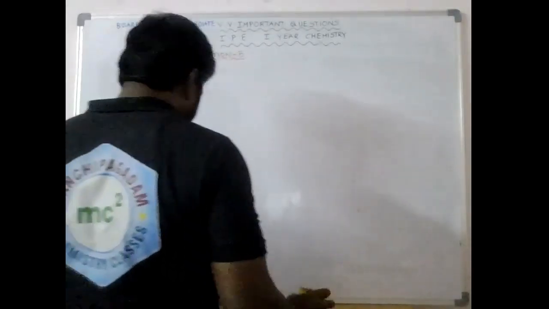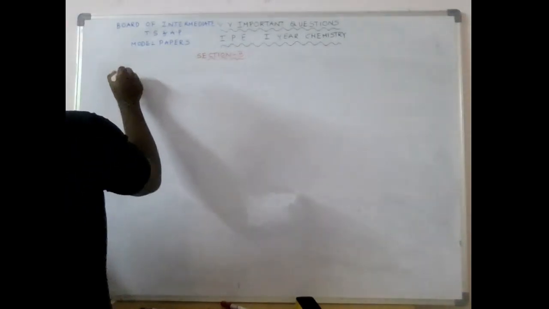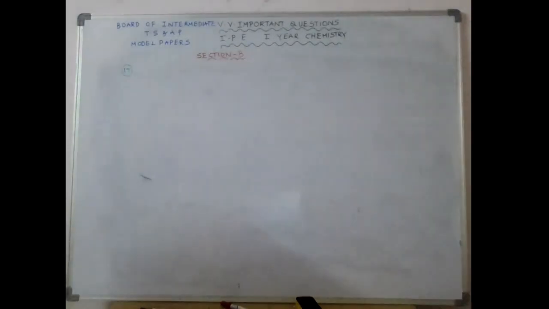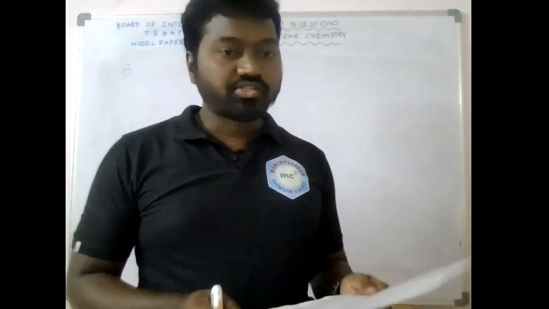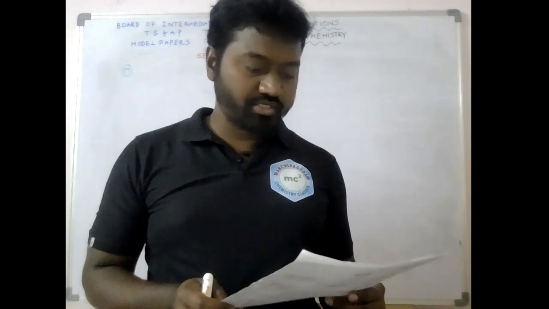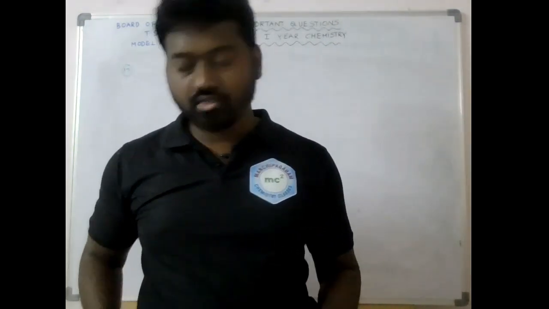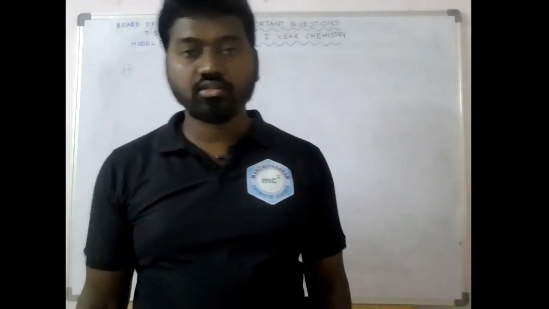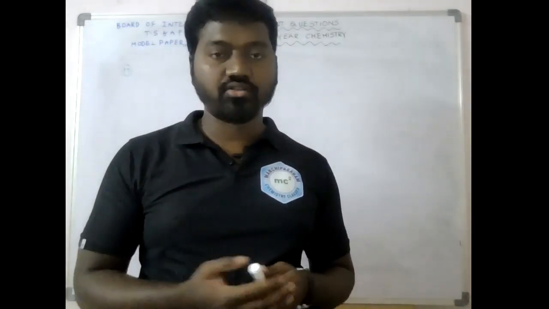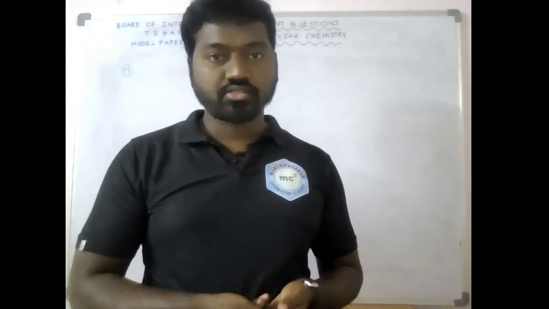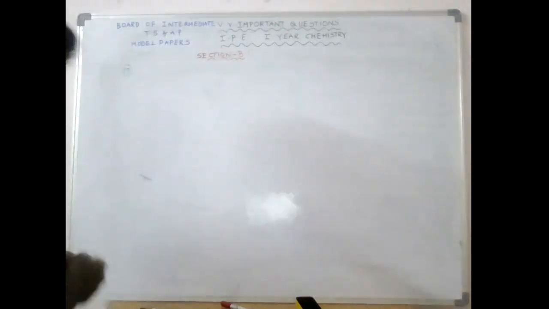The 17th question asks: describe any two methods of preparation of ethane. And we know that acetylene, ethylene and ethane, all the three are very, very important, right? He asked in this model paper for the preparation of ethane, two methods.